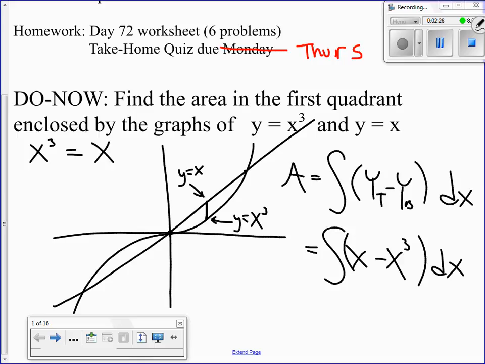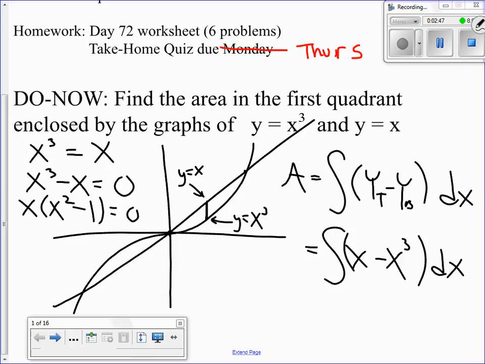So when they intersect, they're the same. Now we're going to get it equal to 0 and factor, what we always do. So if we subtract x, I want to factor this so I can solve it. Pull in an x. So you have x times x squared minus 1.